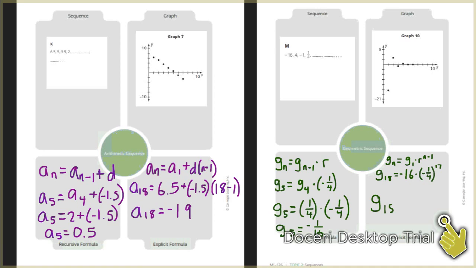G to the 18th is going to be equal to negative 16 times negative 1/4 to the 17th power, which we know is a really, really small number that we're multiplying 16 by. And our calculators could spit out a decimal.